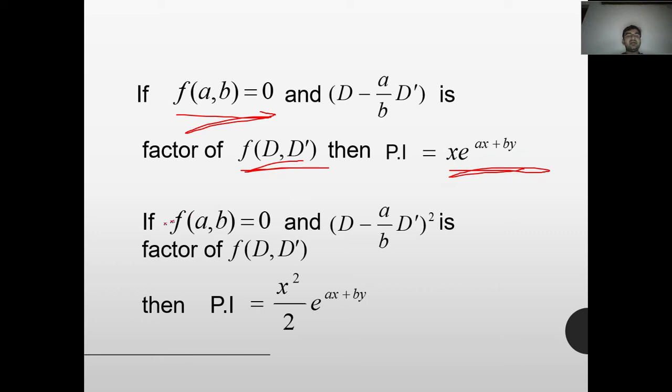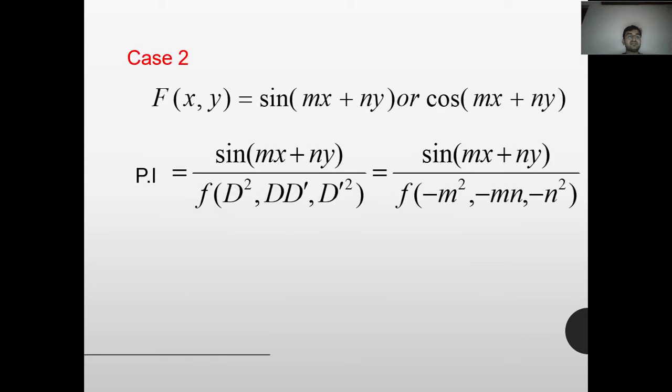And if f(a, b) is equal to 0 and (D − (a/b) D') whole square is a factor of f(D, D'), then the particular integral is x²/2 into e raised to (ax + by).